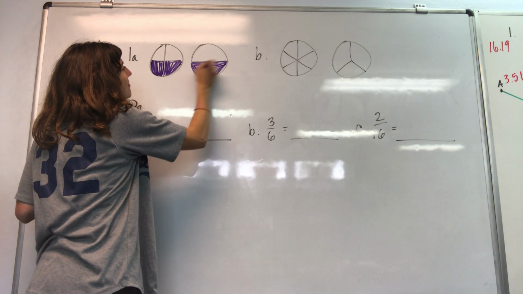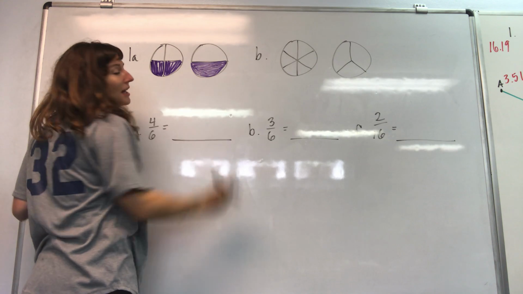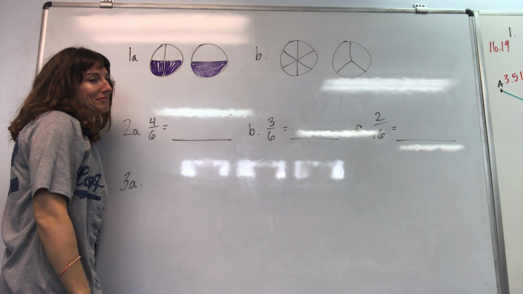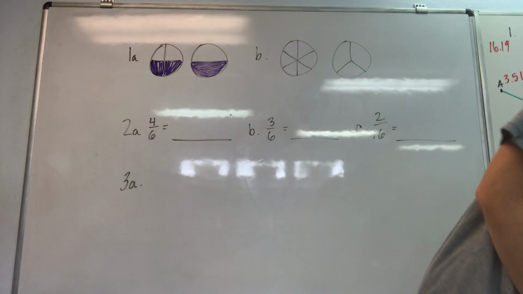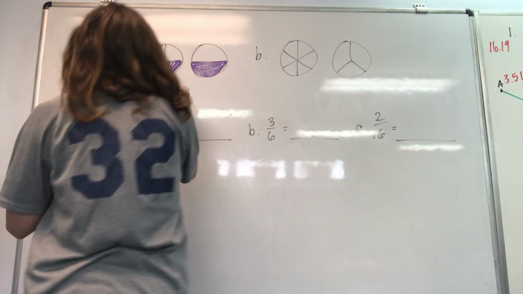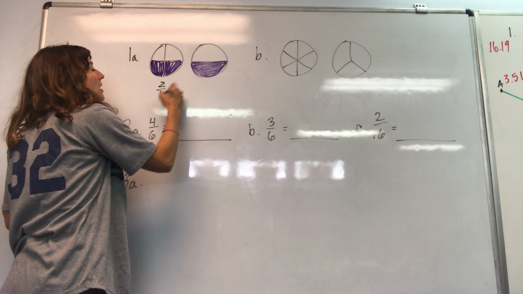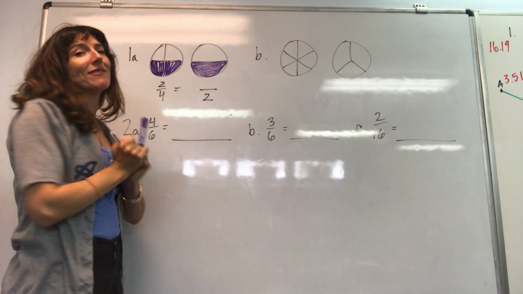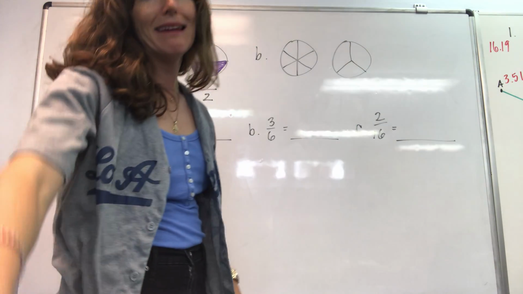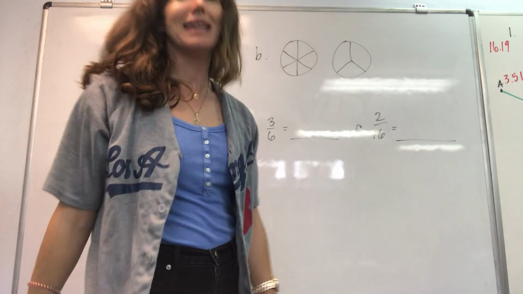Okay, and they kind of look the same. And then underneath they have written 2/4 equals what over 2? And then you have to count it, okay? You have to count it.